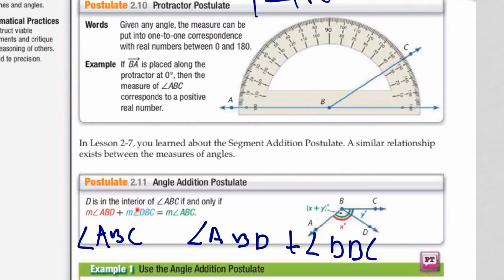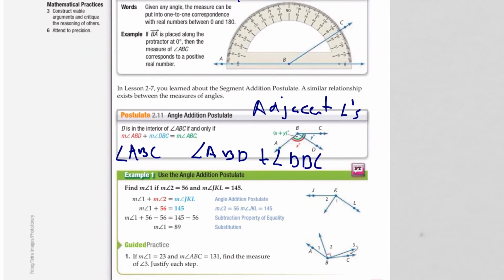If I add the two angles together, I get one big angle. Now remember, ABD with CBD, those are also adjacent angles. Why? They're two angles that are right next to each other. That's what the angle addition postulate is telling us. If we add two angles together, we end up with one big angle, just like the segment addition postulate.